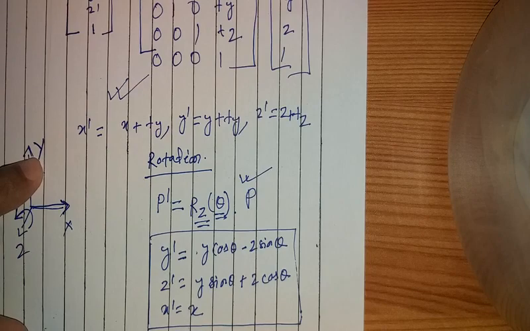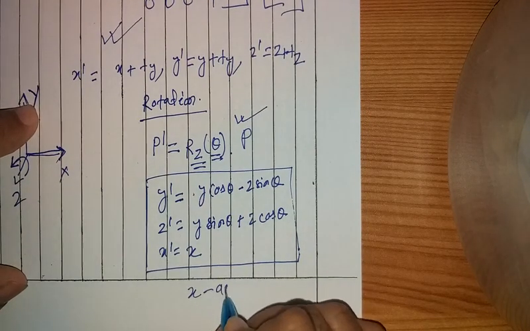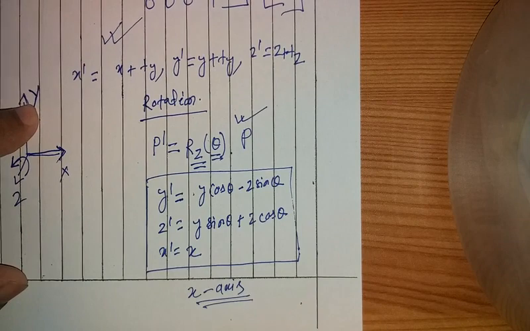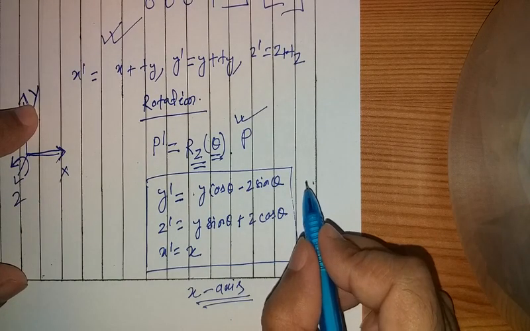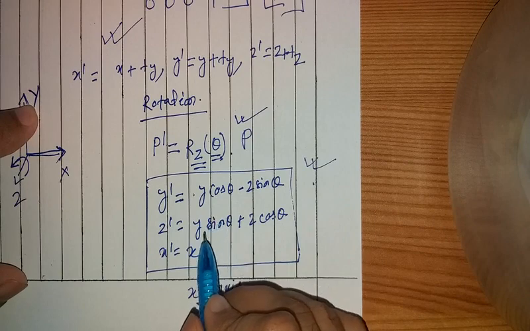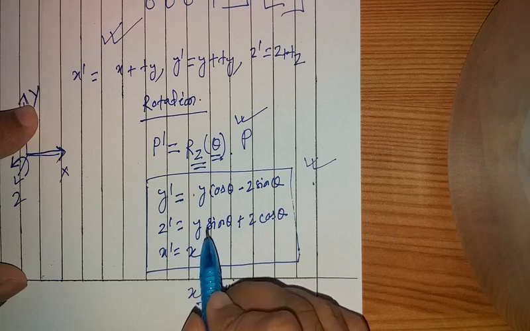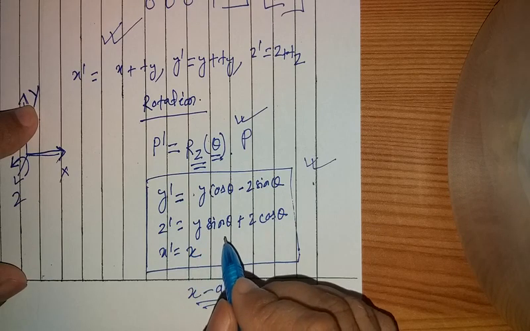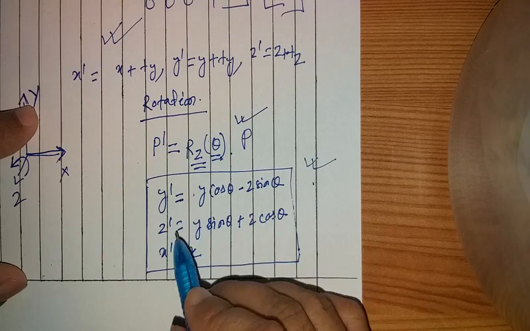This is about the x-axis. As you have seen in two-dimensional form, similarly, we have to find the coordinates of the translated coordinate in terms of x, y, and z.